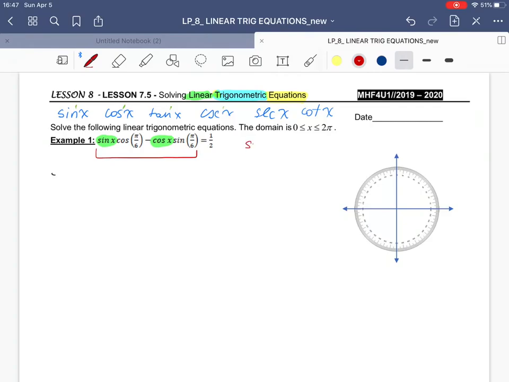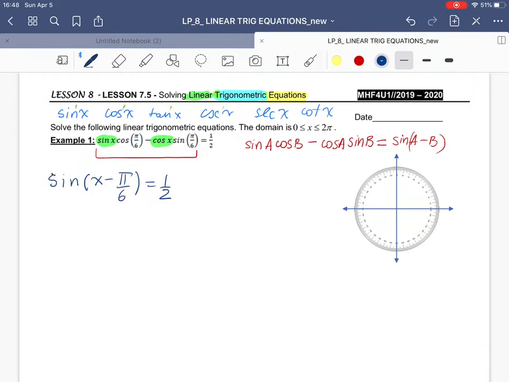So sine A cos B minus cos A sine B. So we're going to practice quite a few of those, so it's going to be easy for you to spot them from now on. And this would equal sine of A minus B. So applying the formula into this equation suggests that we rewrite the equation now as sine of x minus pi over 6 equals 1/2.